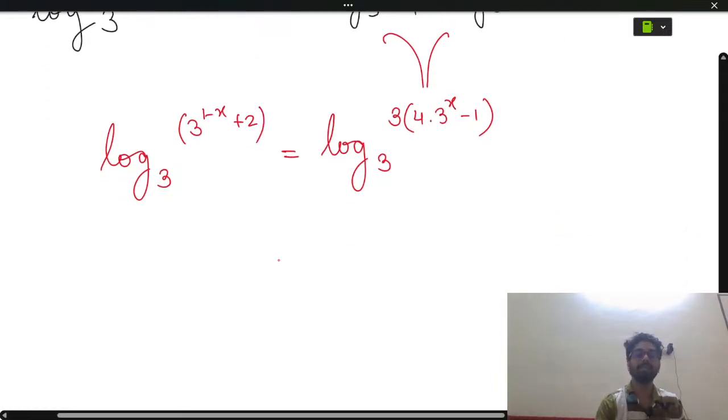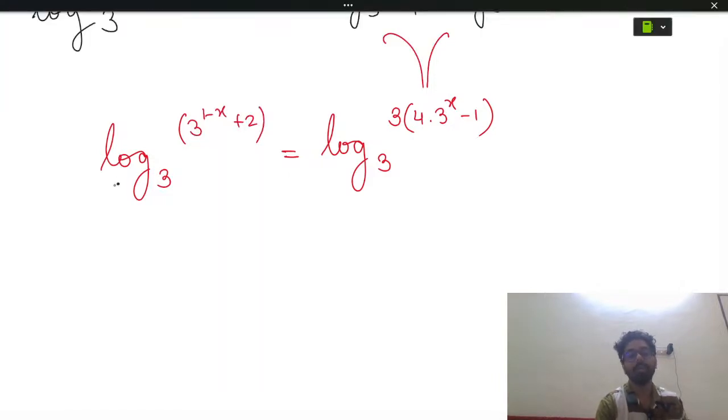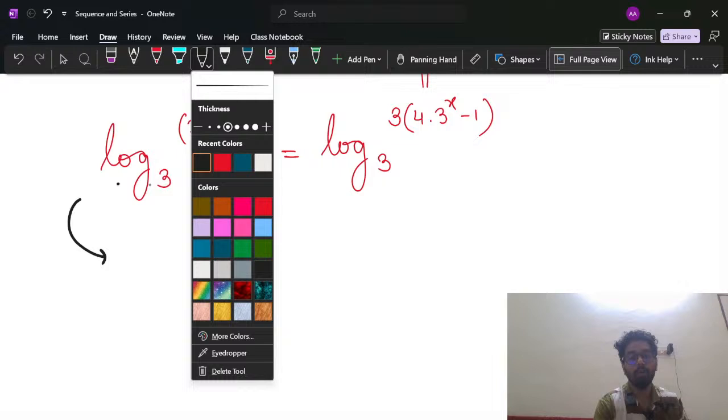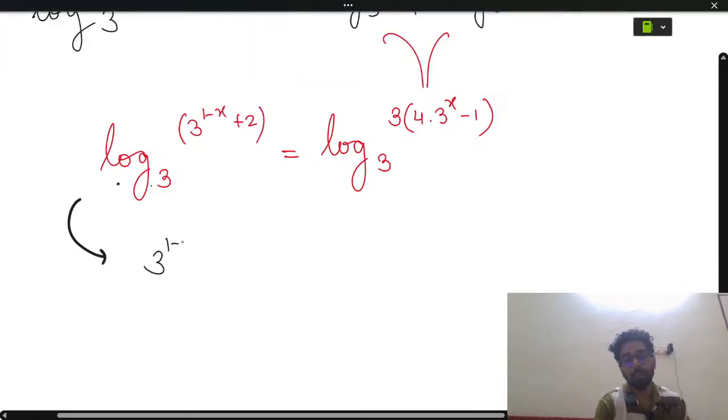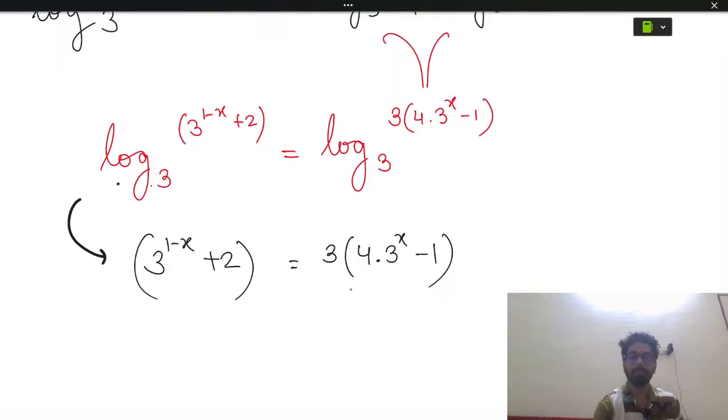Now guys, when the base is same, you can say the anti-log of the exponential part is equal. Okay, so I can say 3 power 1 minus x plus 2 is equal to 3 into 4 times of 3 power x minus 1.